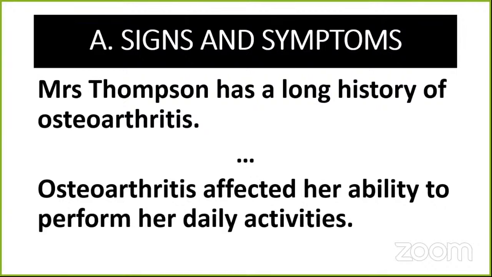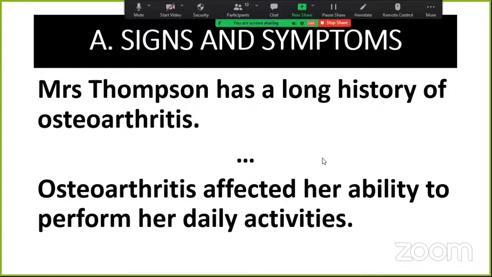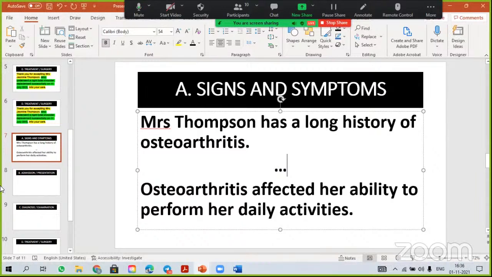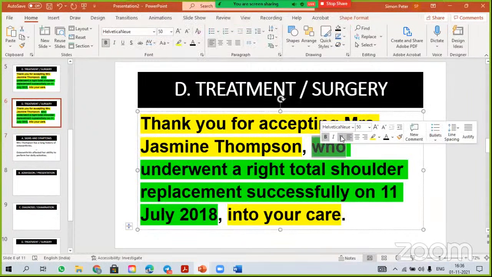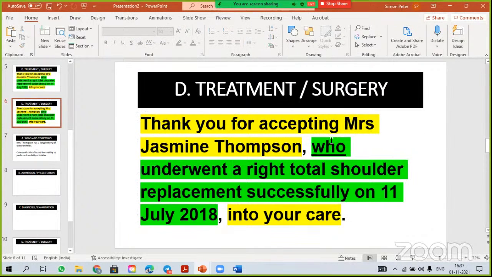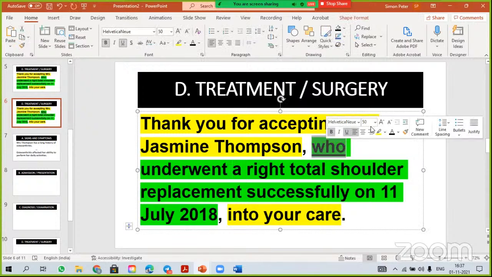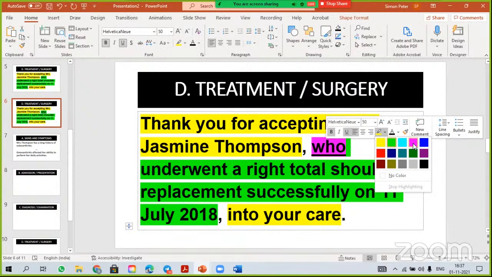Just now we have joined the sentence using who. Now I am using another style of sentence. So here we have joined the word using who. This is the conjunction.